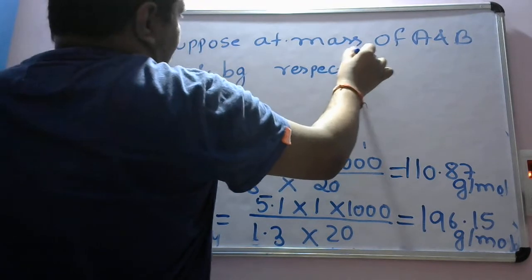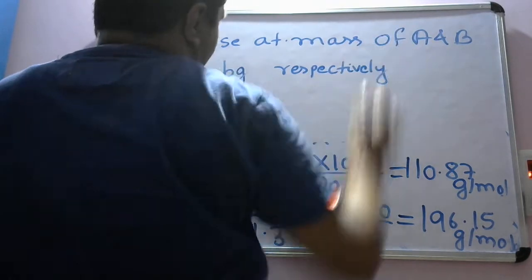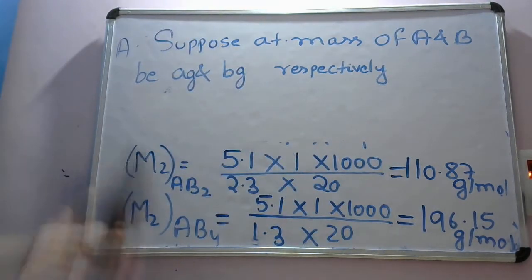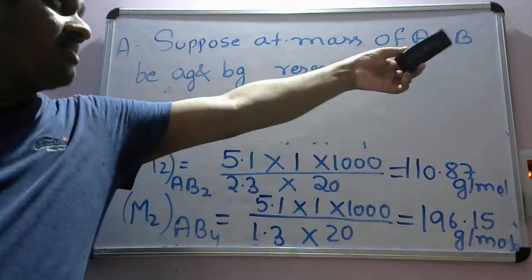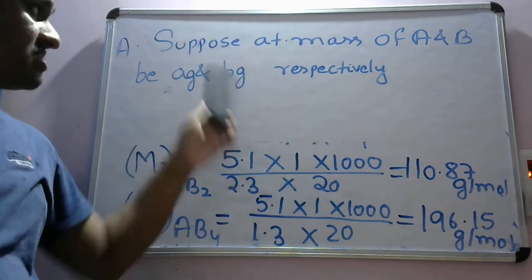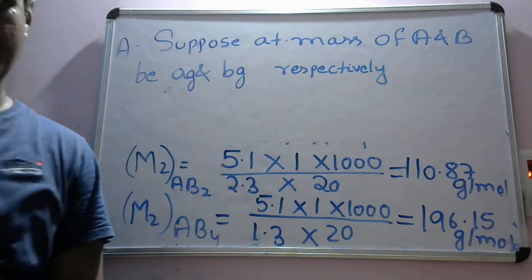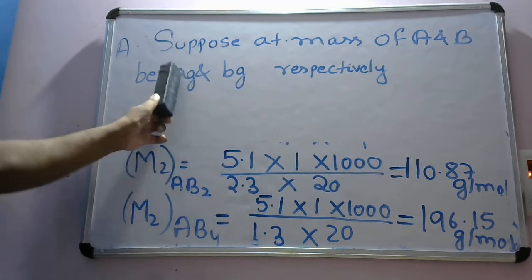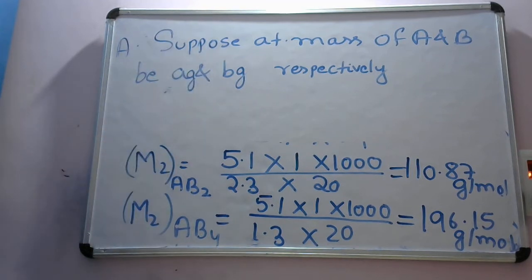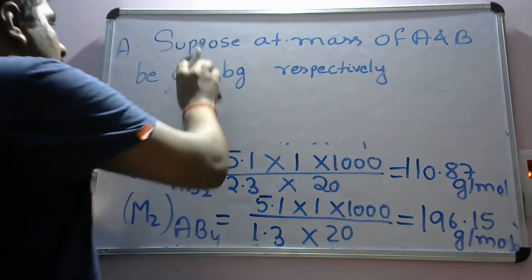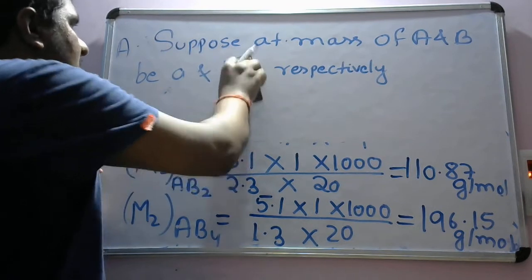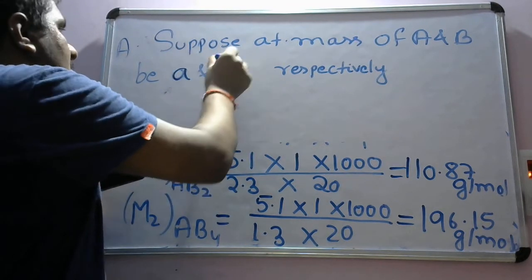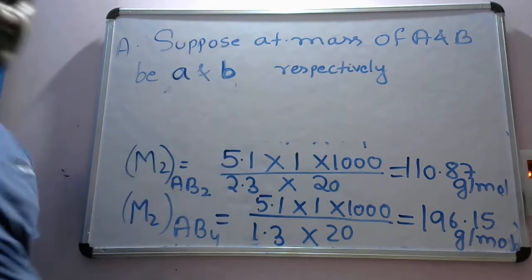Let the atomic mass of capital A, that is element A, be small a grams, and the atomic mass of capital B element be small b grams. G is for grams, and a is your variable. Since we know that it is grams, for the time being I am erasing it. We will substitute when we find it out.